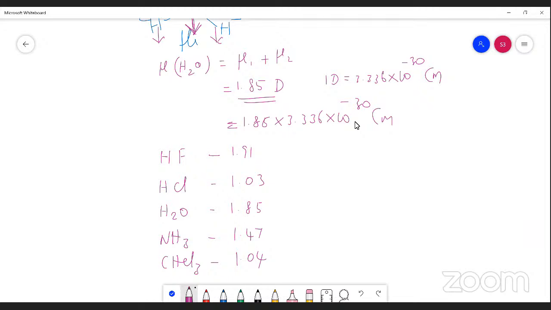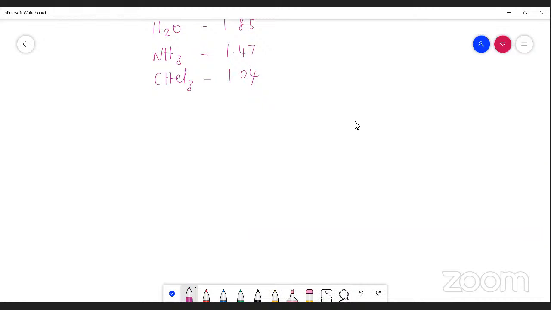Non-polar covalent compounds have zero dipole moment.